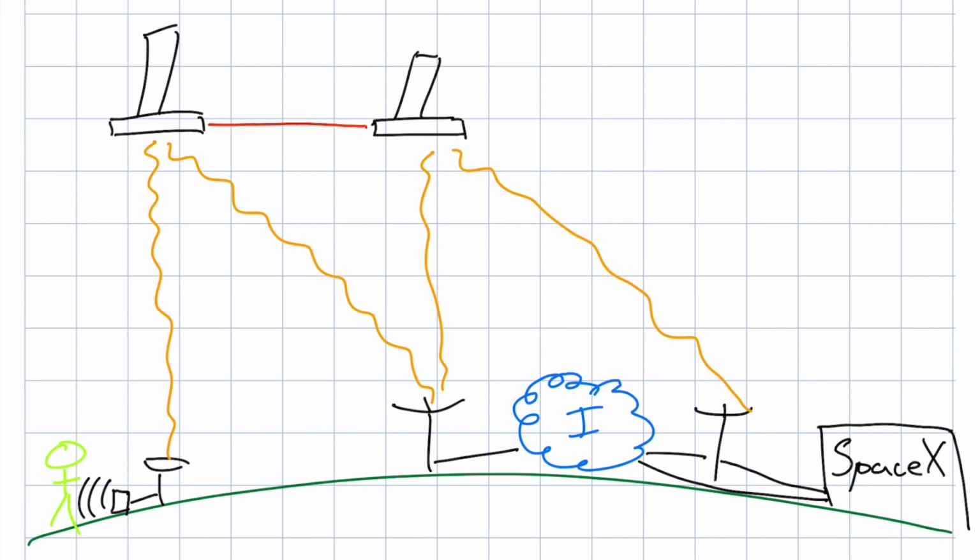And I'm going to draw a second RF signal to the ground station by SpaceX, just to signify that that might be a particular RF link dedicated for telemetry and command and control. So not sharing data, but actually controlling the constellation itself. And that signal would just go to SpaceX headquarters or wherever this constellation was managed. So that's a more complex, maybe more realistic view of the system.